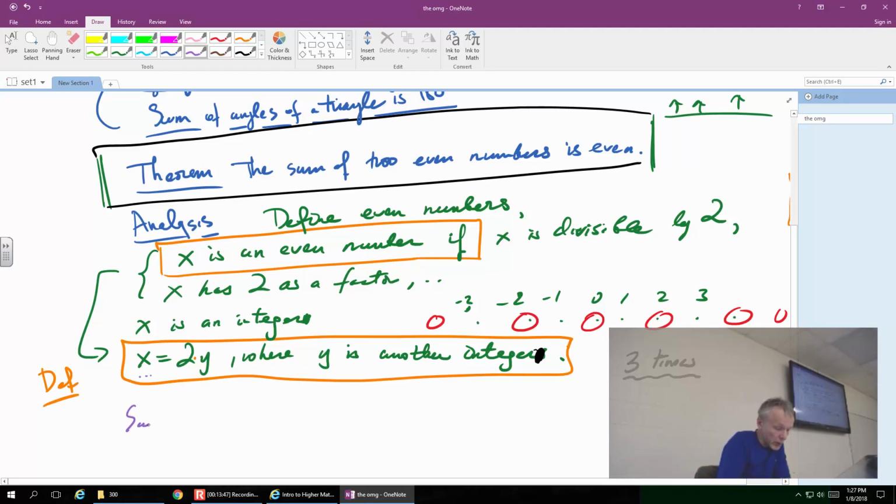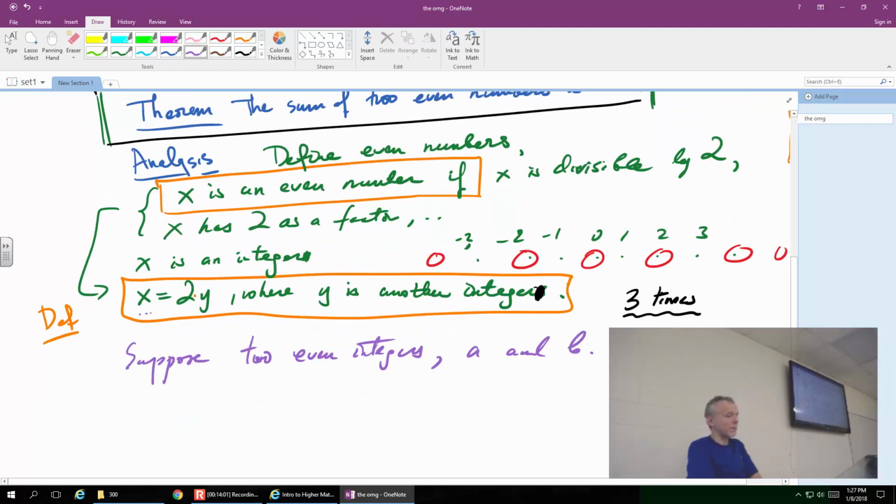So we suppose that we have two integers, two even integers, and you call them, say, A and B. So you give them names. Okay, and then you use the definition. So let's go one by one.